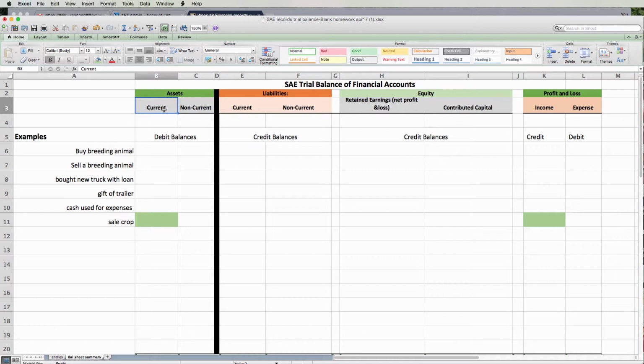Another example of a current asset is a young breeding animal like a heifer or a gilt, or a young horse. These are items that are not mature yet and therefore have not completed their value change, so they're called current at that stage. Now, non-current assets are also things that we own, but they are long-term, like a breeding animal. In other words, you started out with a heifer. She's a young breeding animal. She's not mature yet. She could still be processed as a market animal.